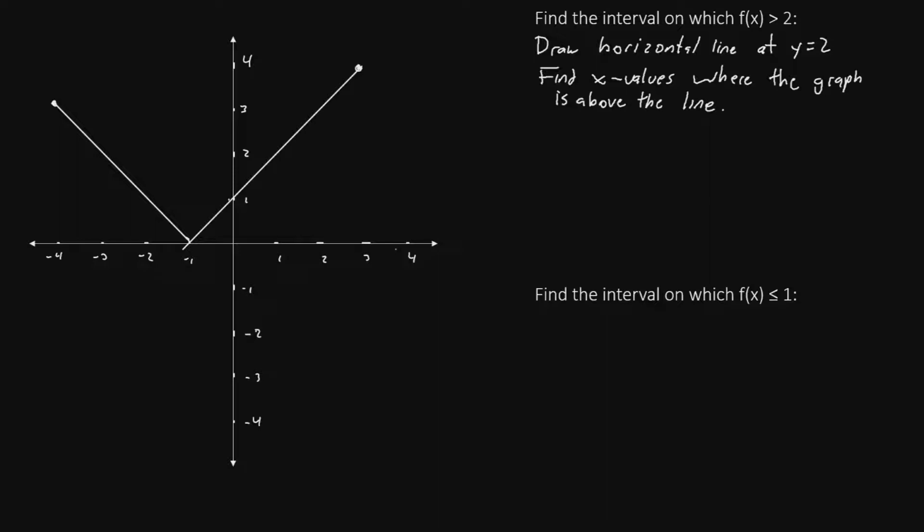So let's draw a dotted line where y equals 2. Now we can place stars on the graph where the line crosses the graph. Here and here.